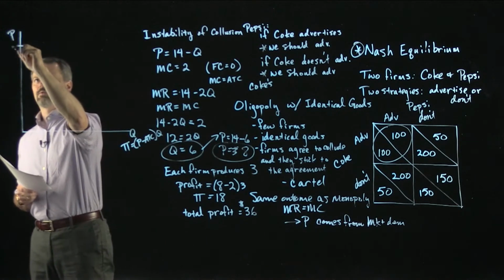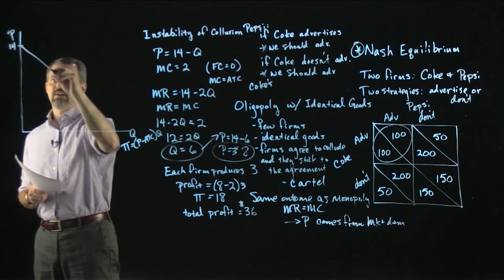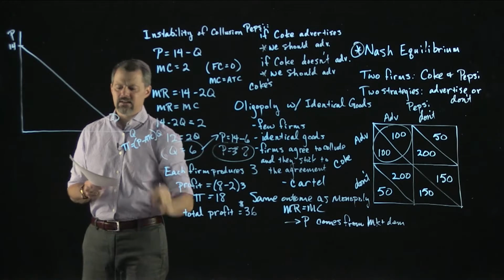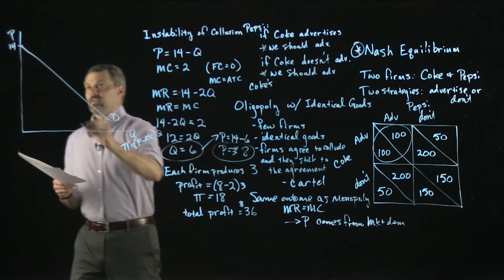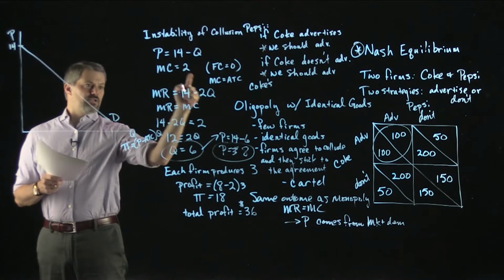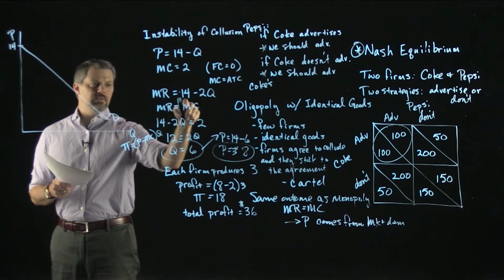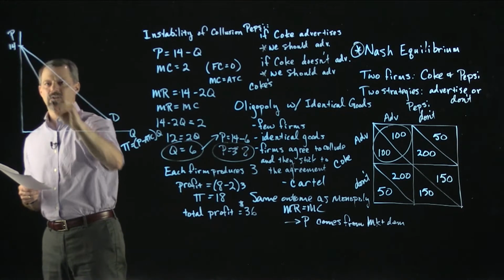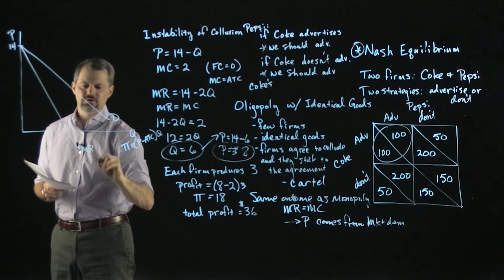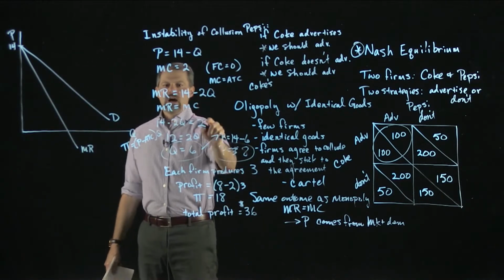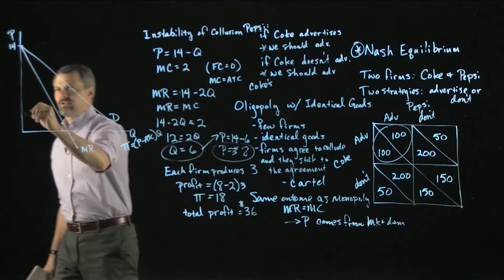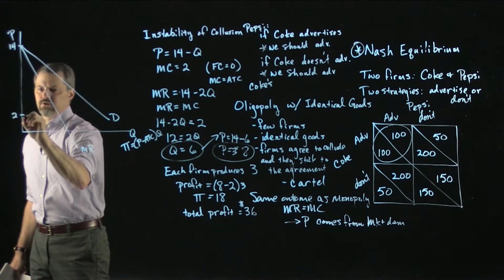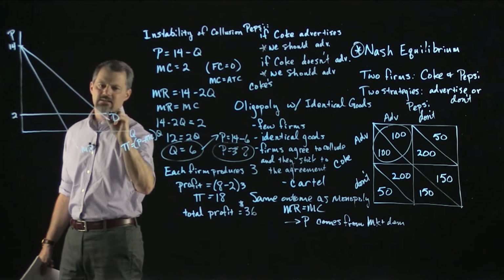Our intercept is 14. It's got a slope of -1, so it comes down like that. We've got a marginal revenue curve with the same intercept and twice the slope, so it comes down like this. There's marginal revenue. Our marginal cost is constant at $2, so marginal cost looks like that.